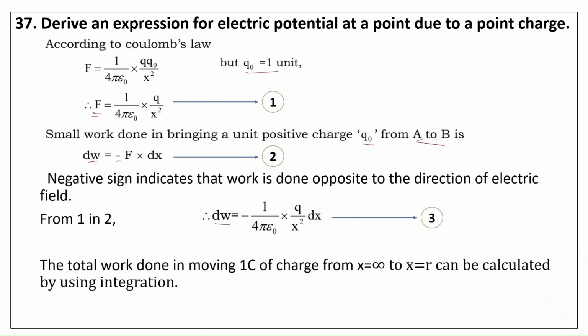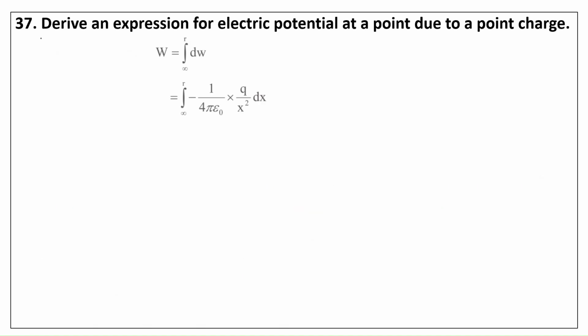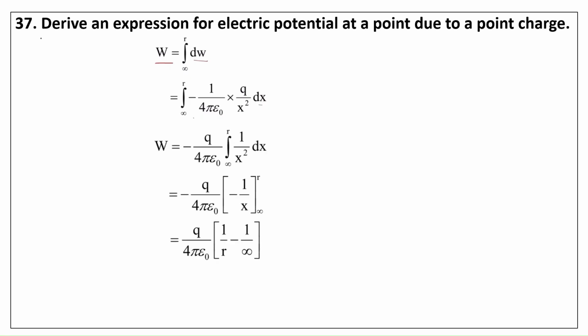The total work done in moving 1 coulomb of charge from x equal to infinity to x equal to r can be calculated by using integration. Therefore, W is equal to integration from infinity to r of dW. Substitute equation 3 in this equation, we get W is equal to integration from infinity to r of minus 1 by 4 pi epsilon naught, Q by x square into dx. Take constant term common.